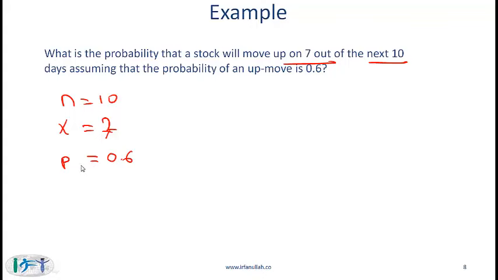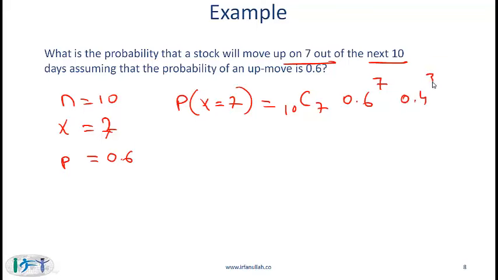The way you solve this is by saying the following. The probability that your binomial random variable is 7 is given by 10C7 multiplied by 0.6 to the power of 7, that's the success probability, times the probability of failure to the power of the number of failures.